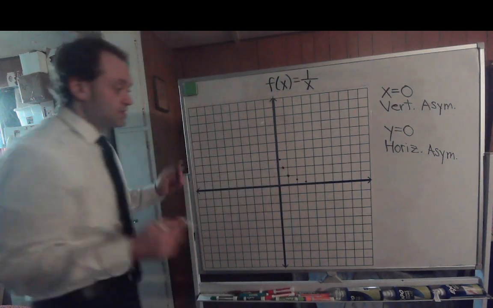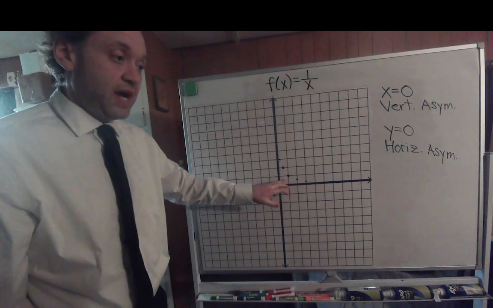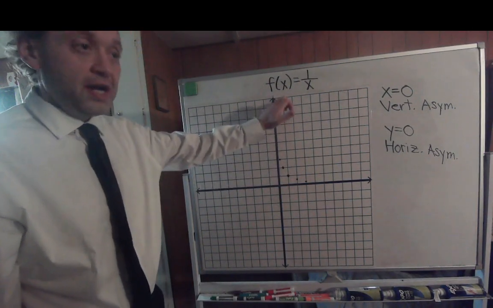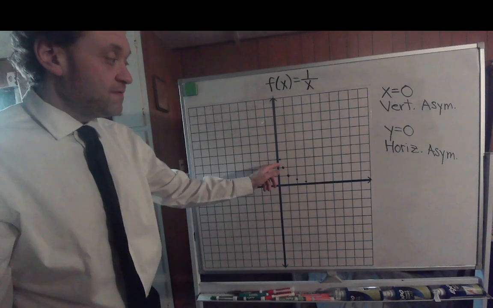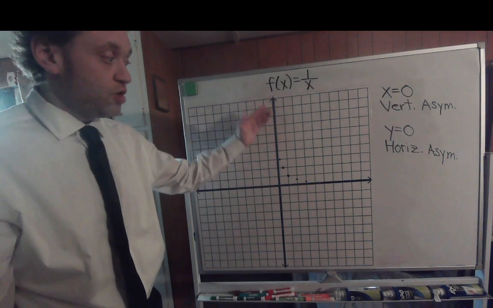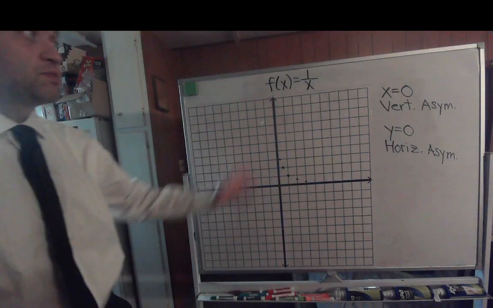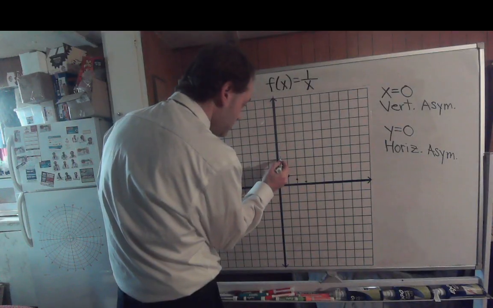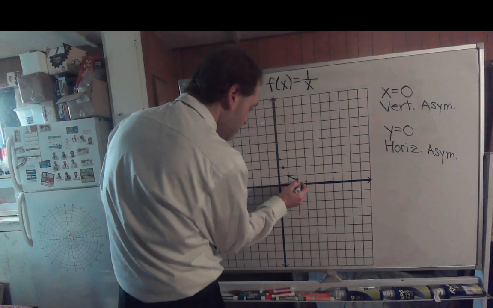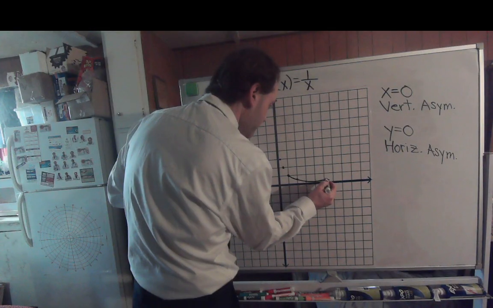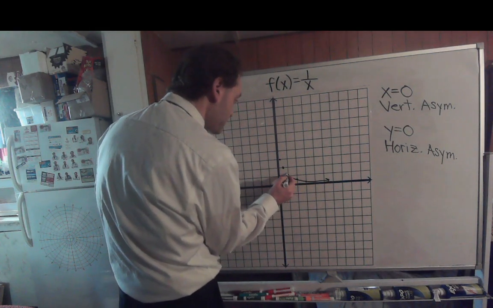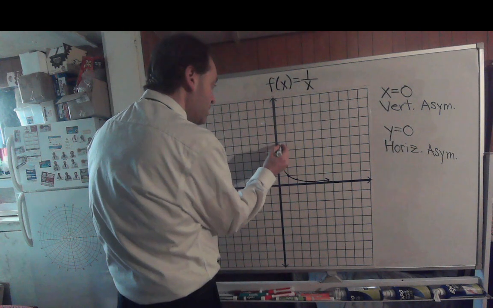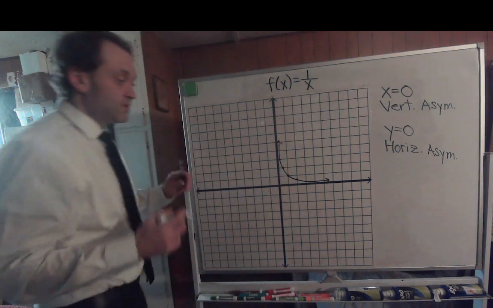So notice, the smaller the x value you have, the higher up in y you're getting, and it's getting infinitely close to x equals 0, but it can't actually reach it. So that's where x is your vertical asymptote. So let's go ahead and graph this branch of the function. Alright, so there's that branch.